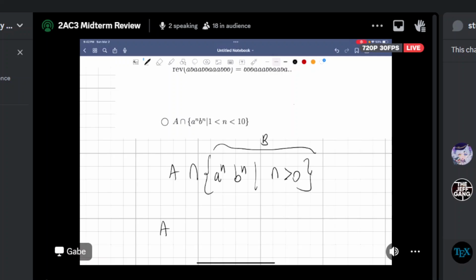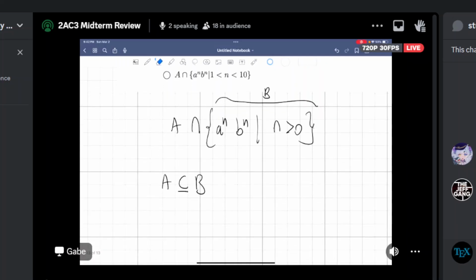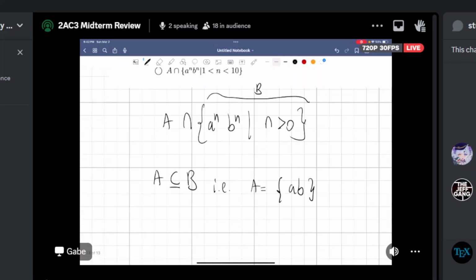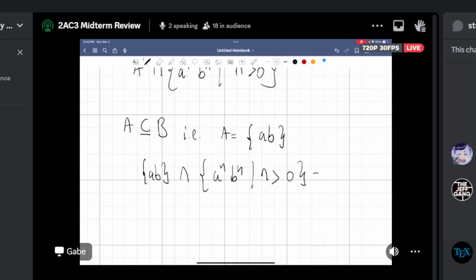If A was a subset of B, so let's say A was just the set AB, intersecting AB with A^n B^n, n greater than 0, would actually just give you AB, which is regular.